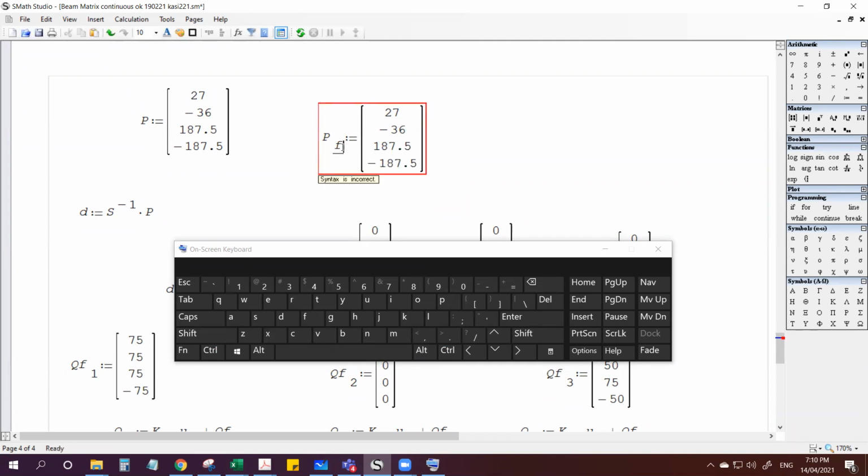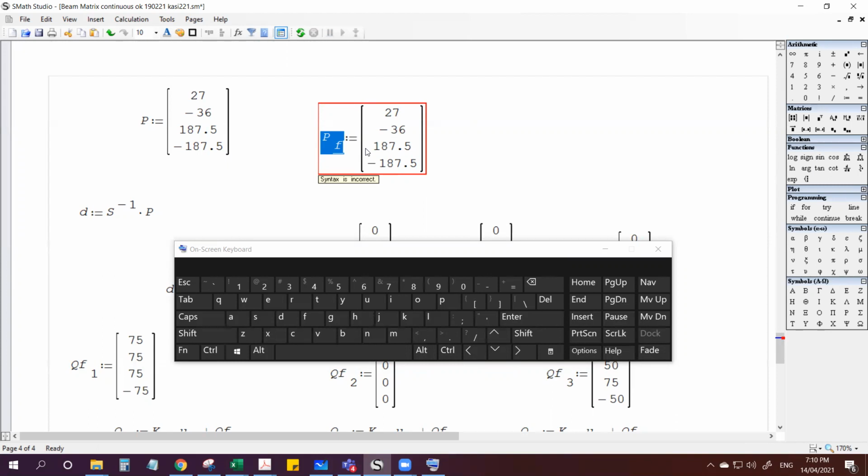Okay, what's the problem? I think it's syntax incorrect. I'll retype. It seems it doesn't want to for now. Maybe there's another variable using the same PF.